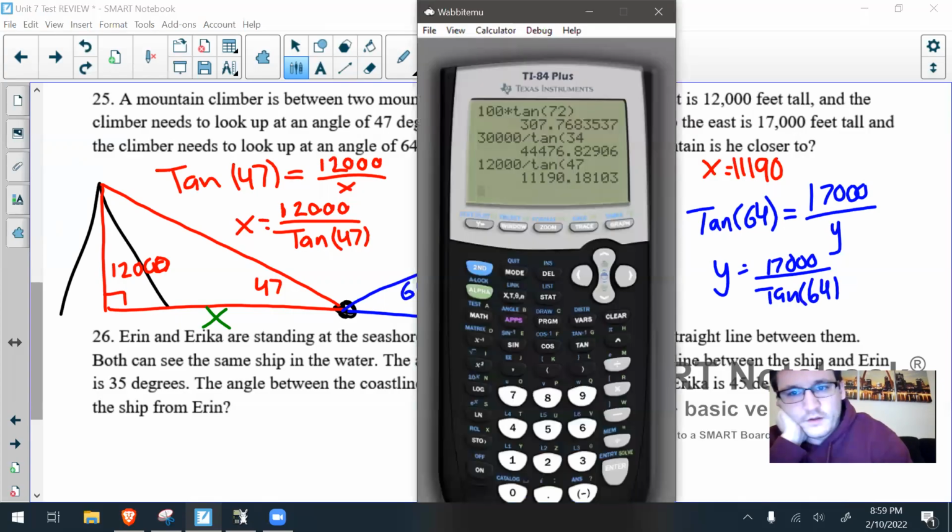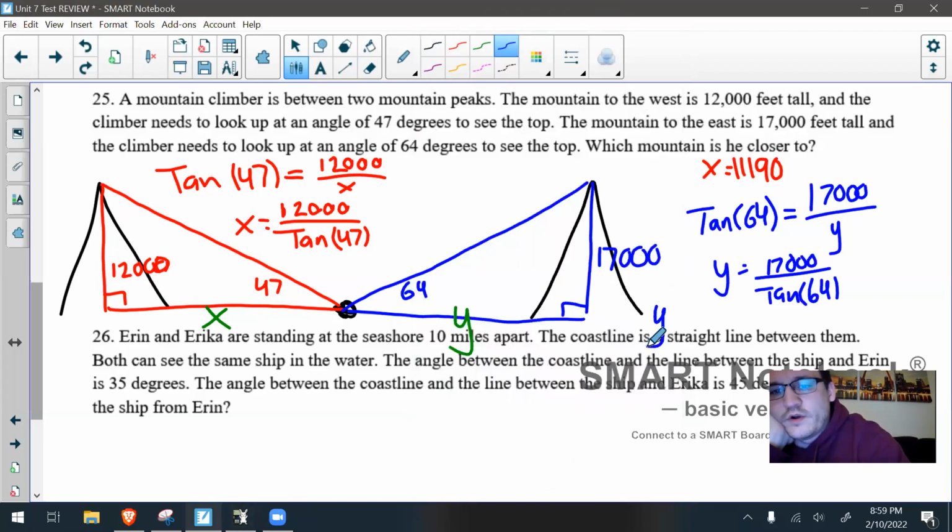All right, so we got 17,000 divided by the tangent of 64, which is 8,291. So y equals 8,291.